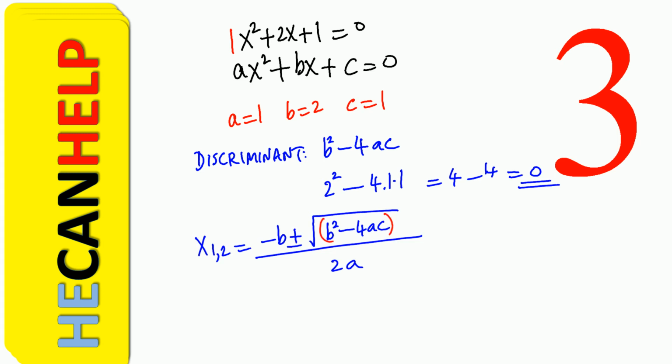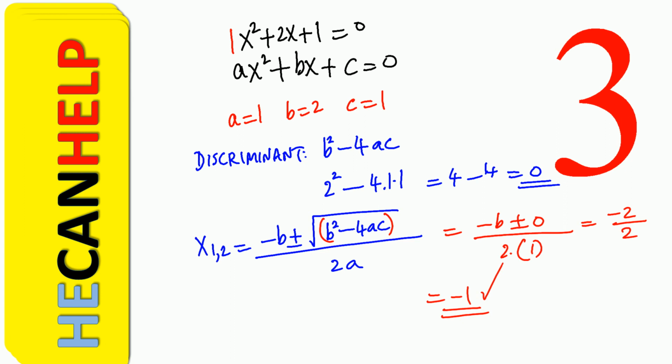What is the square root of 0? 0. So we get negative b plus or minus 0 divided by 2 times a, which is 1. So this is negative 2 over 2, and that is negative 1. So using the quadratic equation, we get negative 1, and by completing the square, we get negative 1.